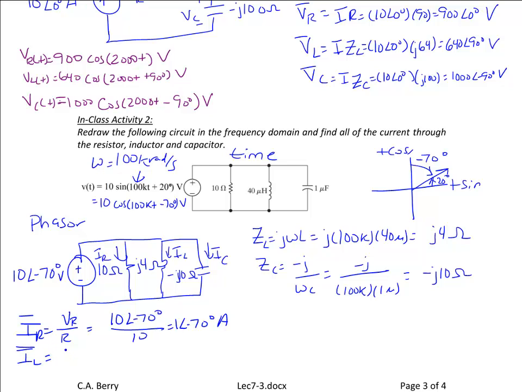What about the current through the inductor? That would be the voltage across the inductor divided by the impedance of the inductor, 10 with an angle of negative 70 degrees, divided by j4, which would be 2.5 with an angle of negative 160 degrees. And units are amps.